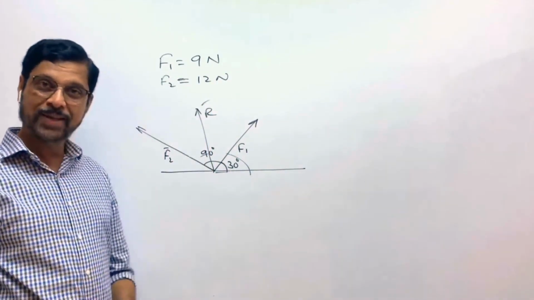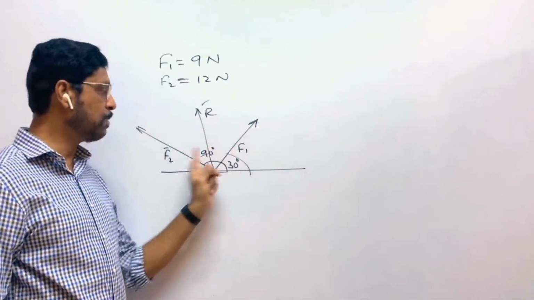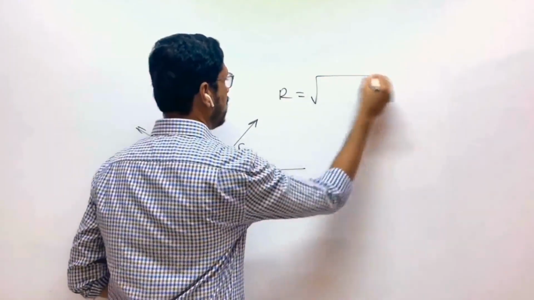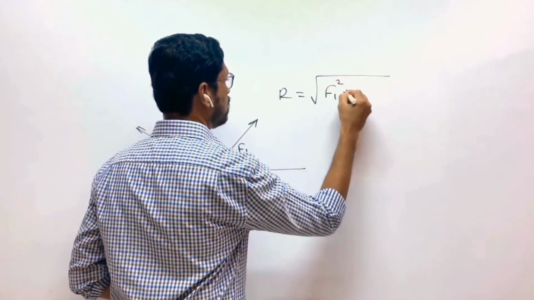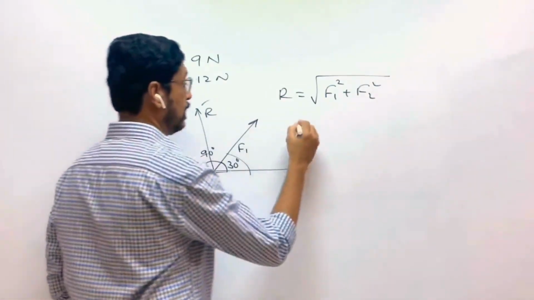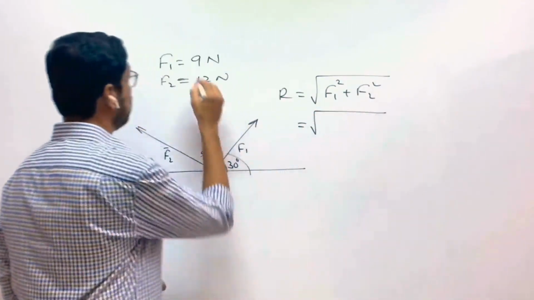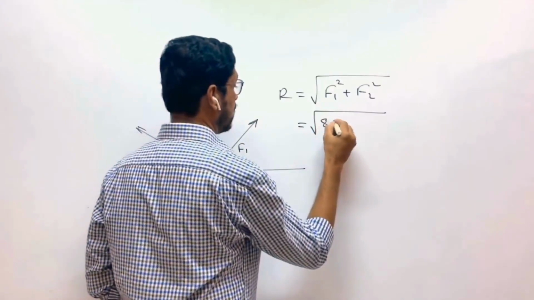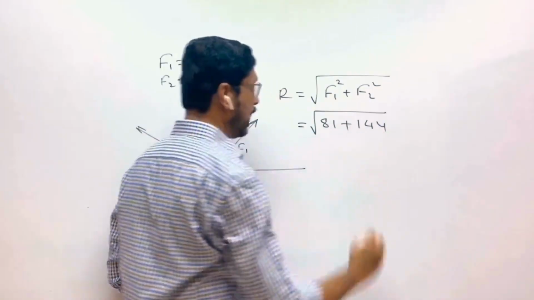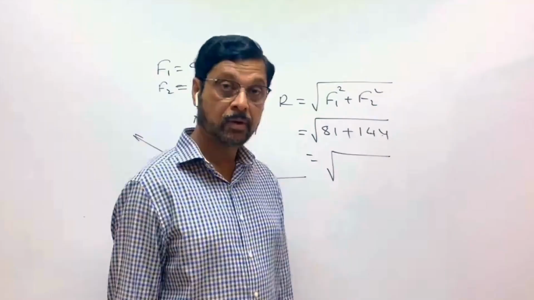In the last example we saw, two forces are perpendicular to each other, so the resultant will be under root F1 square plus F2 square. Perpendicular forces, that is under root 9 square, that is 81, plus 12 square, that is 144.